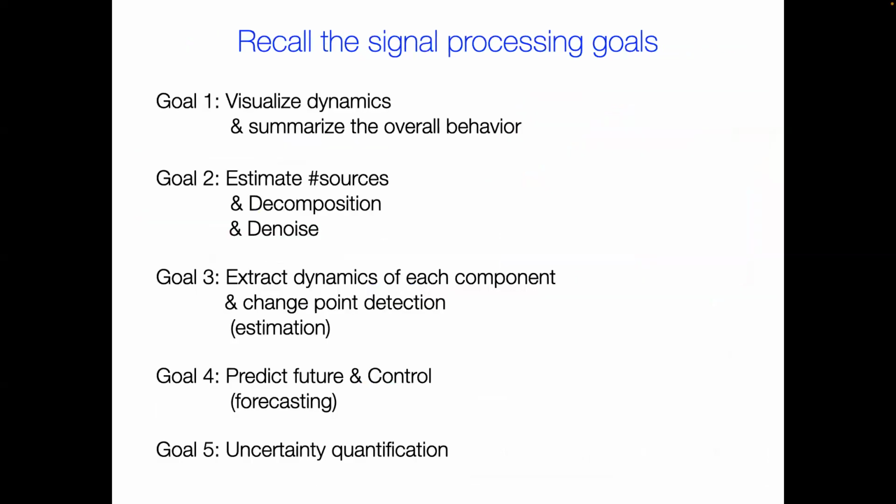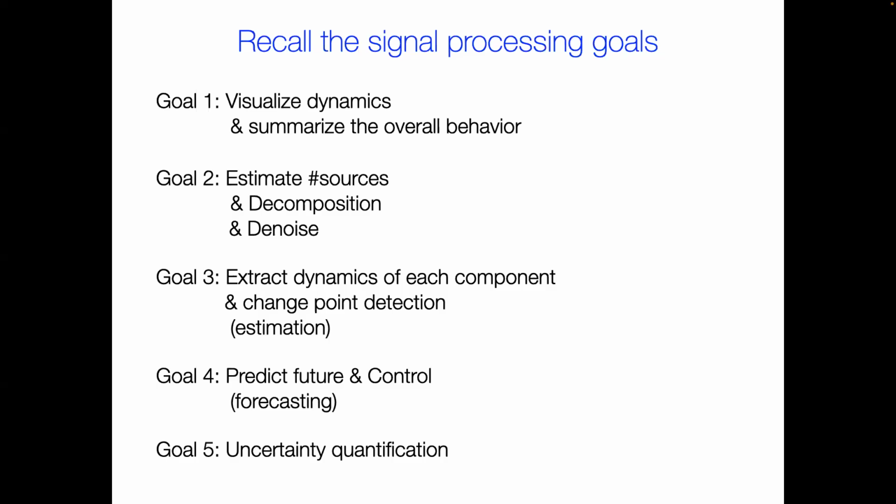But before I go into details, let's have a quick recall, if you have any experience in signal processing. What do we do for a given signal, a time series? Usually, the first mission is to visualize the dynamics. You can plot the signal, or generate a spectrogram, or use other ways to visualize things. Second, you may want to estimate the number of sources, and do decomposition, denoising, and so on.